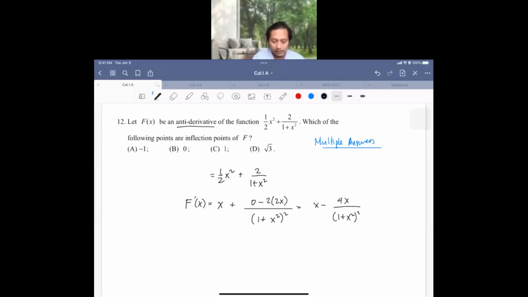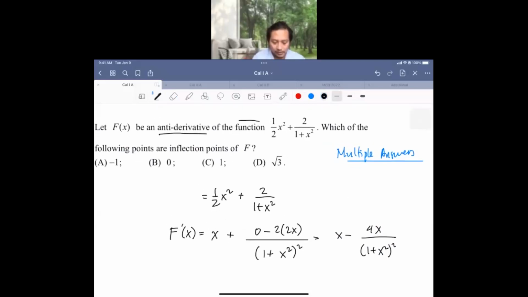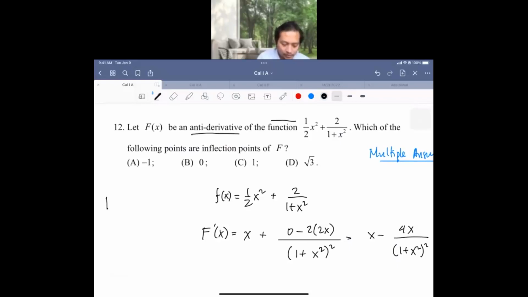So it's actually the function, and f is the antiderivative of this function, dx.